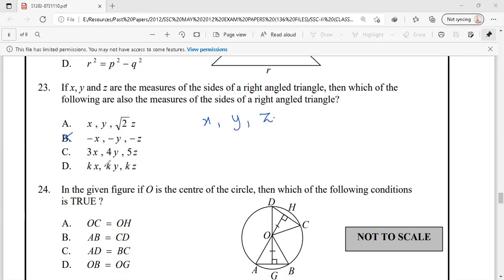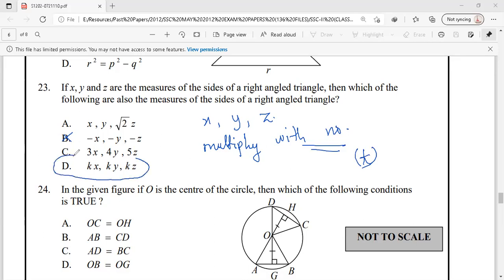According to simple algebra, if we multiply any positive number with the sides of a right angle triangle, the result will also form a right angle triangle. So let's say that positive number is k. So the correct answer is option D.